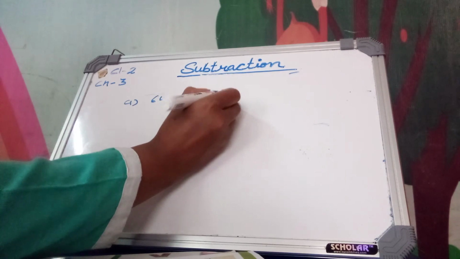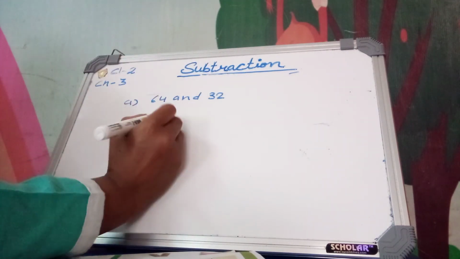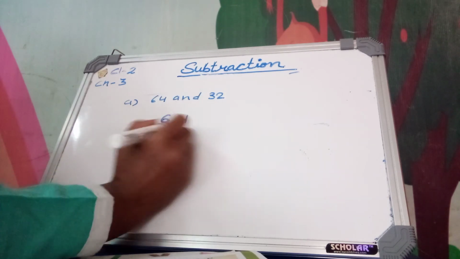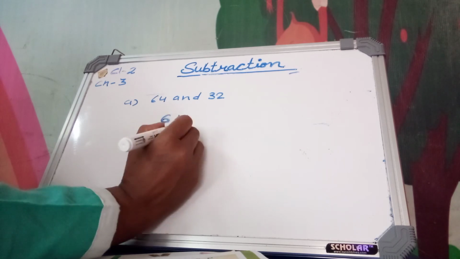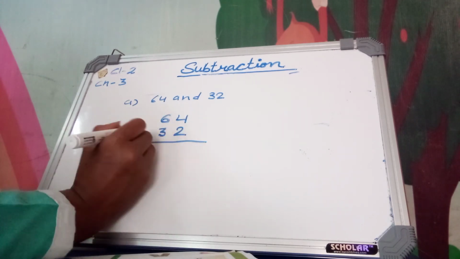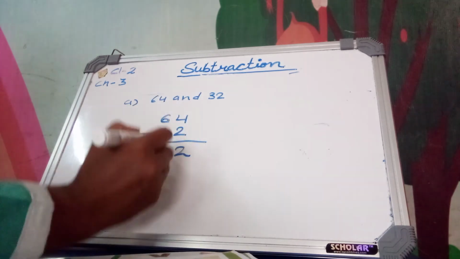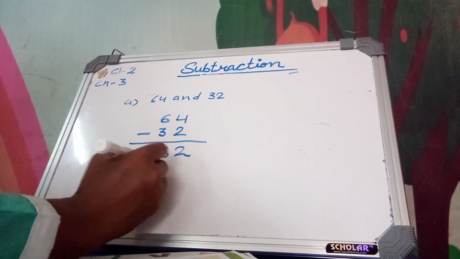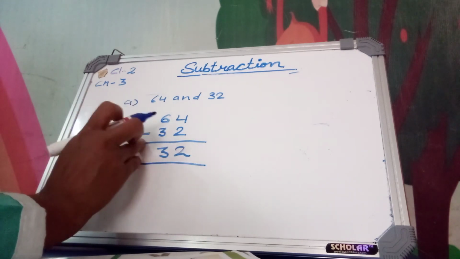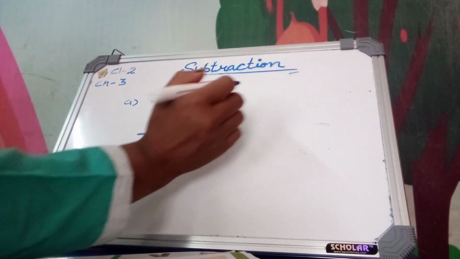We have to subtract 32 from 64. We have to write the bigger number at the top and the lower number below the bigger number. We have to mark the subtraction sign. Now 4 minus 2, 2, and 6 minus 3, 3. 32 is our answer. Okay, we have to arrange these numbers in this method.